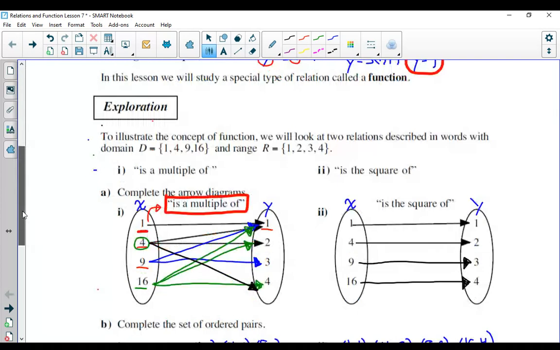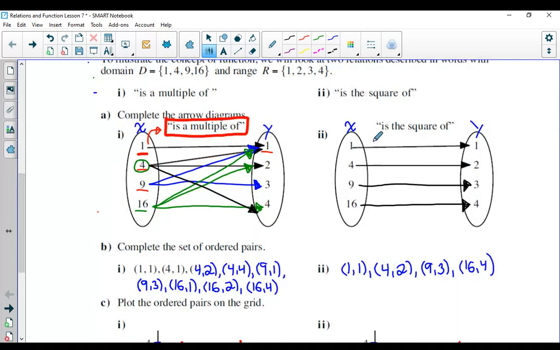Okay, let's look at the one on the right-hand side. X is the square of y. Now, if this relationship is a function, what that means is that for every input value, it relates to exactly one output value. No problem here, because an input value of 1 relates to exactly a single output value of 1.